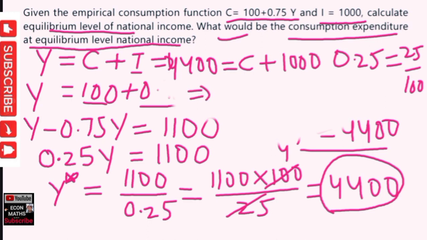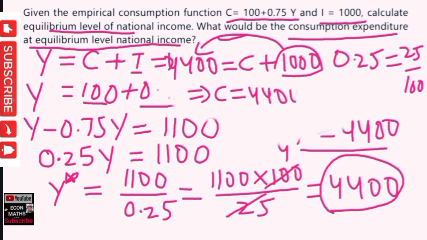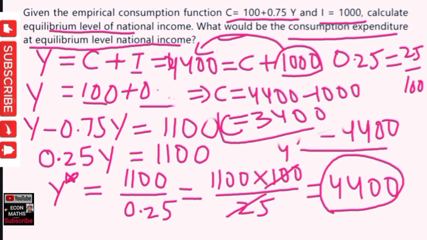Therefore C is equal to, we transpose this 1000 to the LHS, so this will become 4400 minus 1000, which comes out to be 3400. So this 3400 is our consumption expenditure, and the equilibrium level of income was 4400.